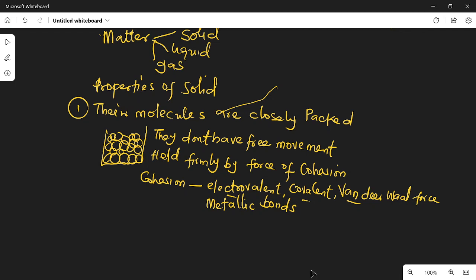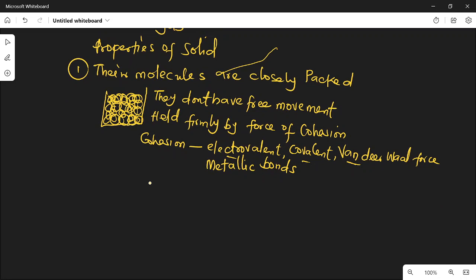Okay. So it could be our electrovalent bond, covalent, van der Waals force, or metallic bond. This bond tends to restrict their movement, and that's the reason why you see this particular diagram I drew: the molecules of solids are closely packed because they are held firmly by force of cohesion.